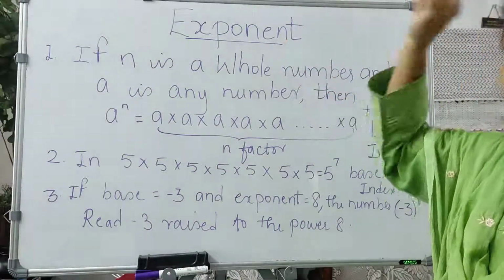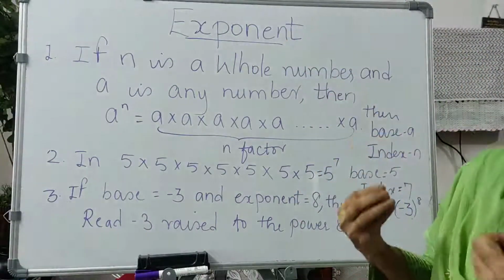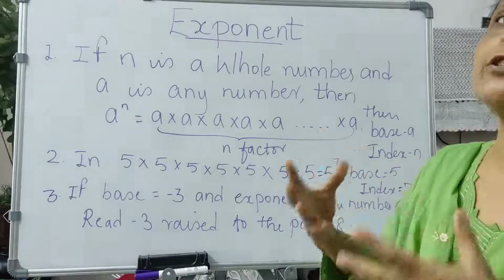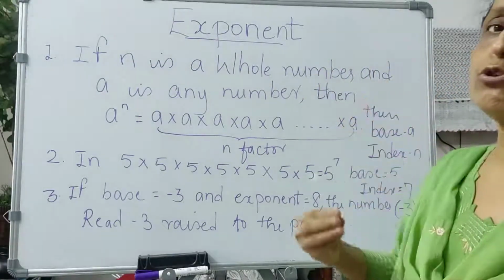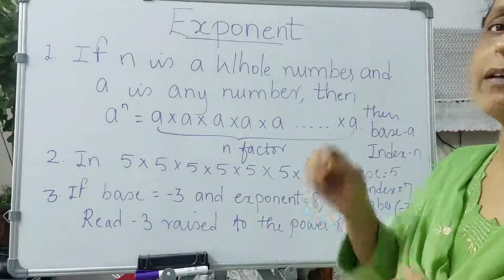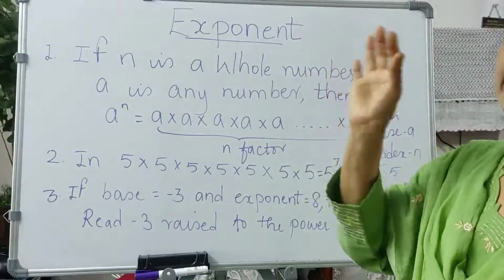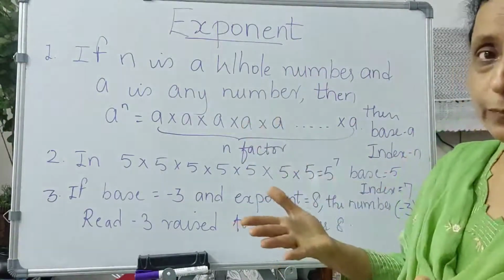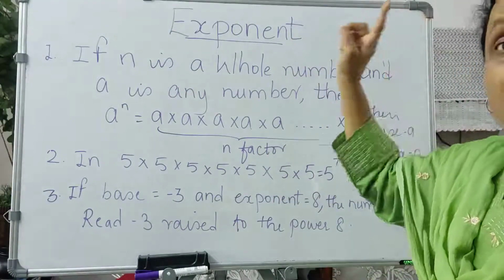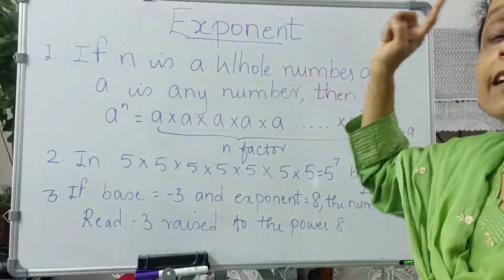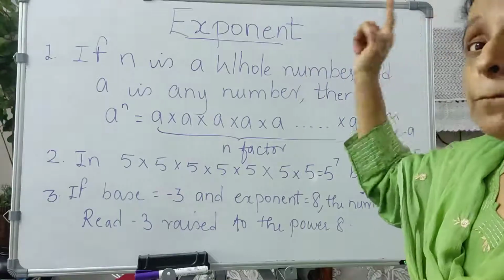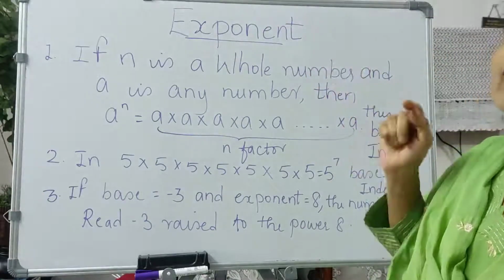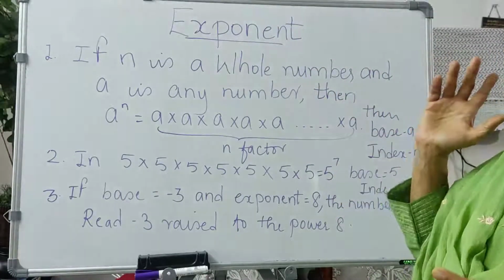Usually we call it power, raised to 1, raised to 2, raised to 3, whatever the power or exponent, we always say it as raised to. It is the same thing: exponent, index, power. The plural of index is indices.